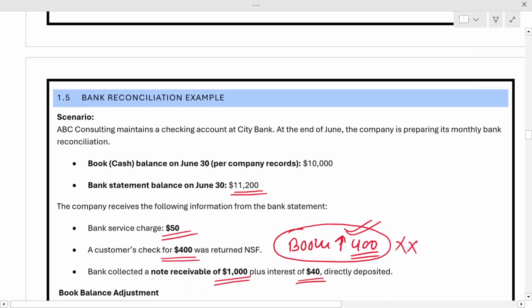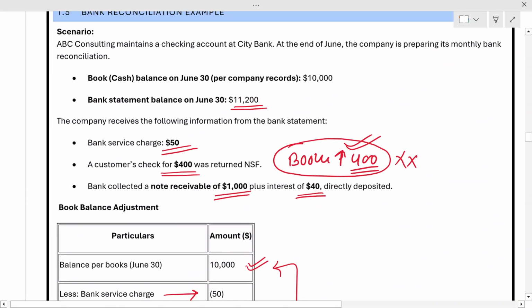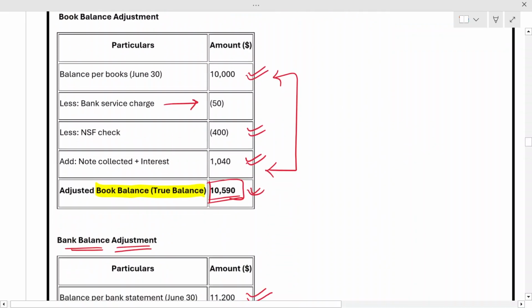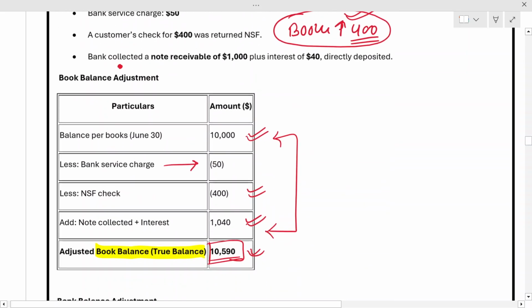I can see, okay, so that was not covered in the printing, but let me write the fourth bullet point here and the fifth bullet point for your reference, because this was not captured in the printing. So let me just correct it: there were outstanding checks and deposit in transit.